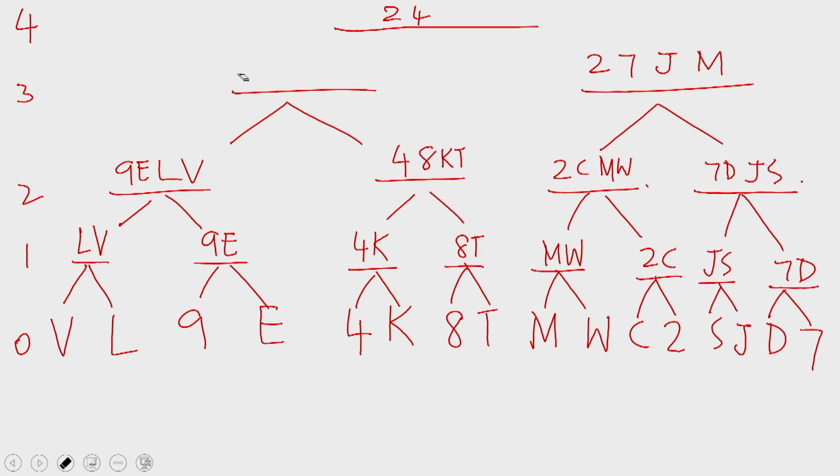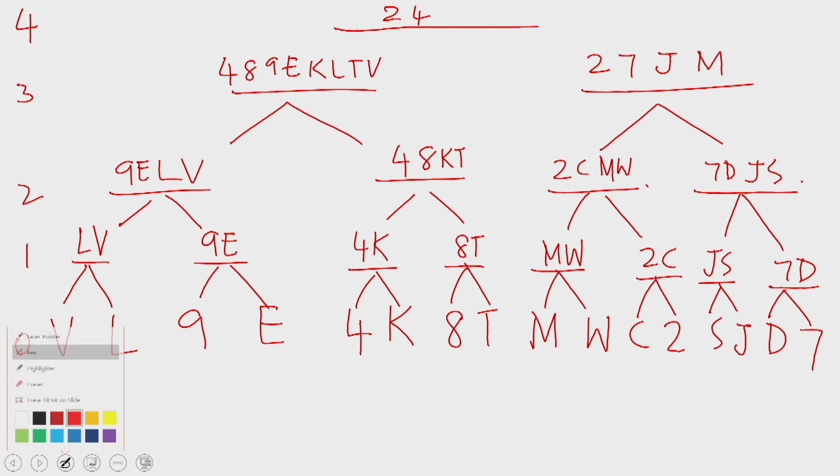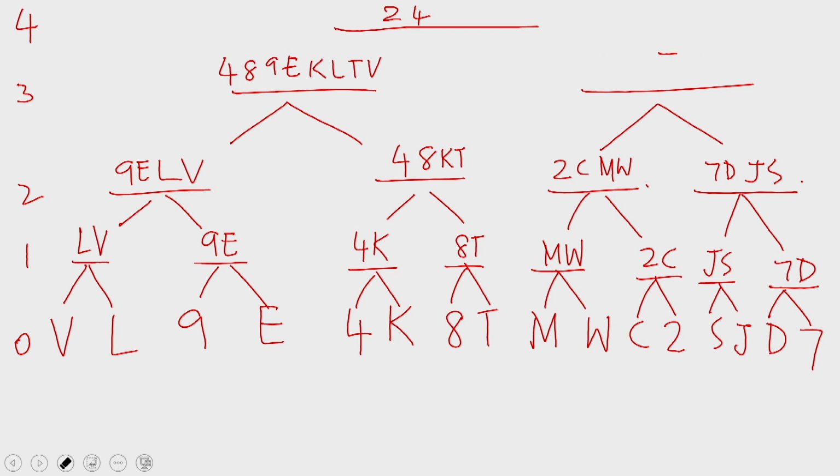That is, we will have 4, 8, 9E, KL, TV. And here at the next node, we will have all the elements in sorted order, which is 27CD JM SW. That is in the first half of the tree.